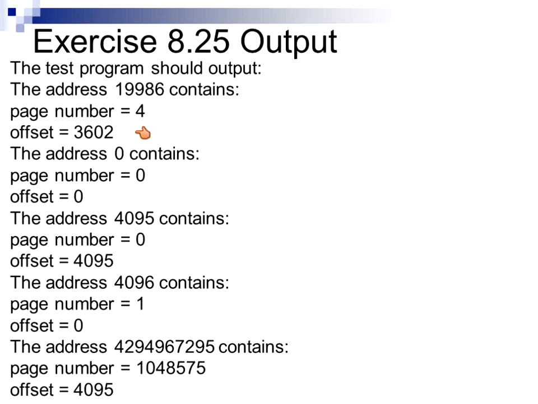In your book, it talked about how you go from a page number and an offset to the physical address. We're just doing it in the opposite direction. So if I take 4, the page number, and multiply it by the number of bytes in a page, which is 4,096, and add 3,602 to it, I will get 19,986.